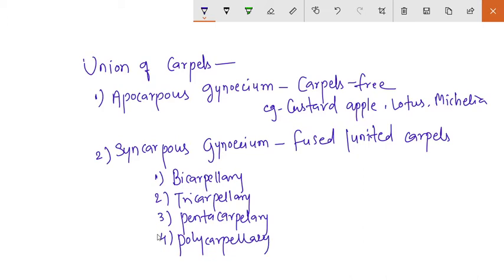Okay. So there are different types of the syncarpous gynoecium.